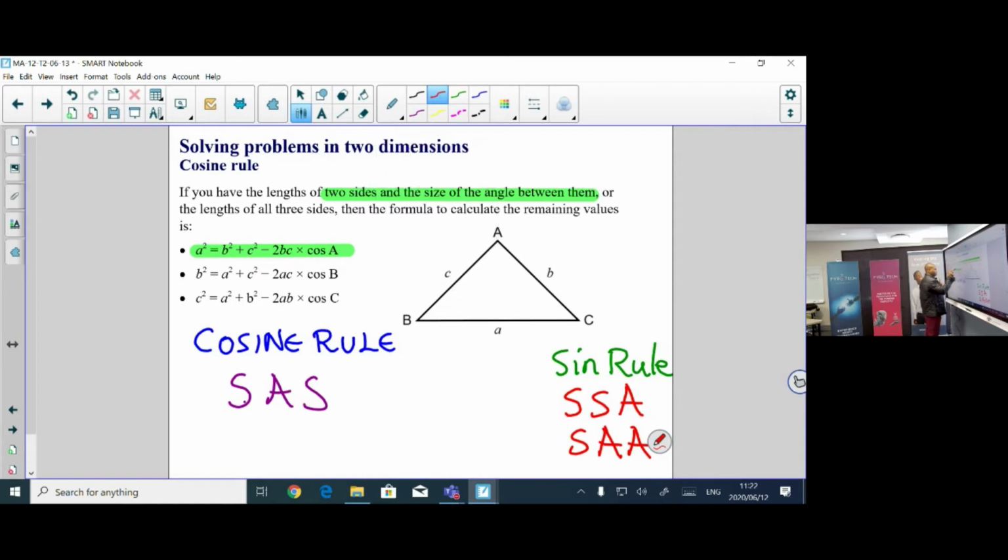So you see this part would be a squared equals b squared plus c squared. That looks like Pythagoras, isn't it? But being the cosine rule, you then extend it by this part, minus 2bc.